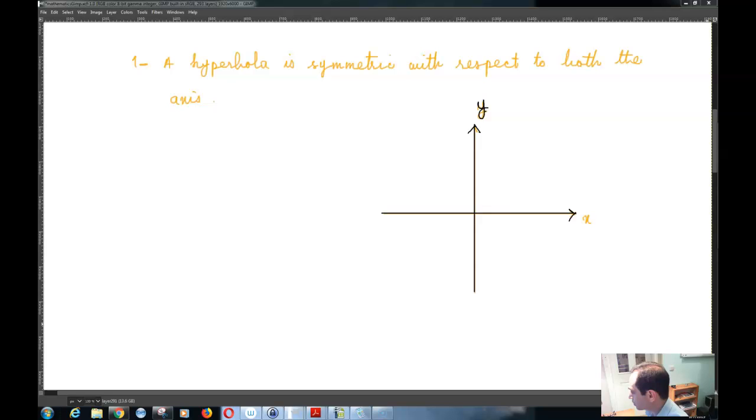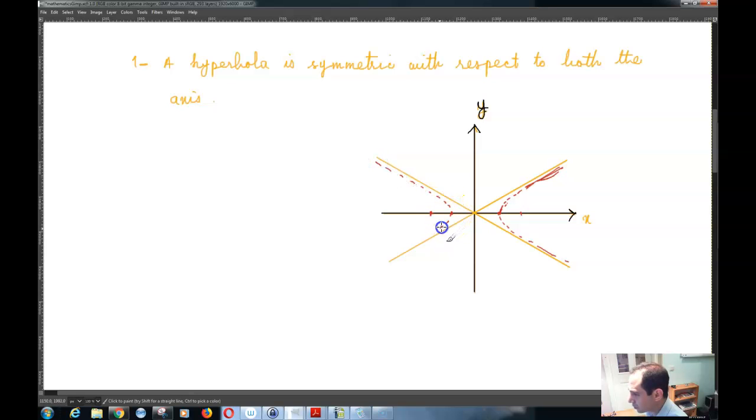And then let me quickly draw these two lines as well. So let's say that this is the hyperbola that we have.